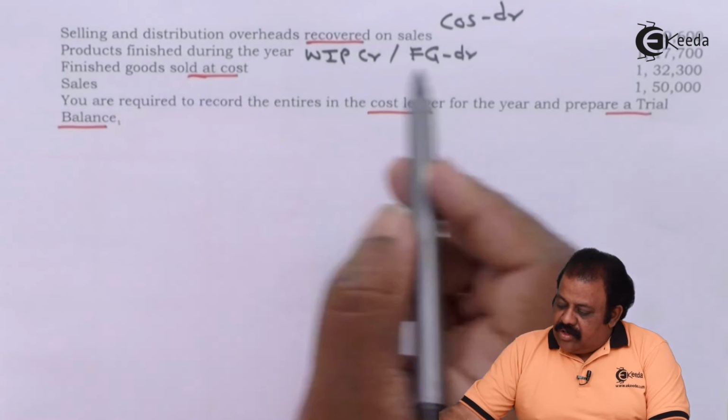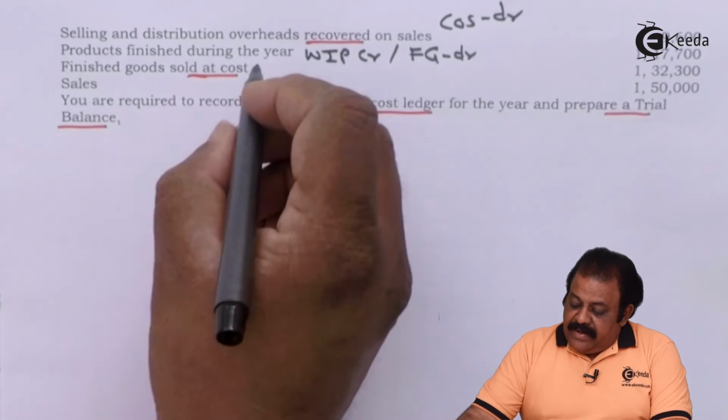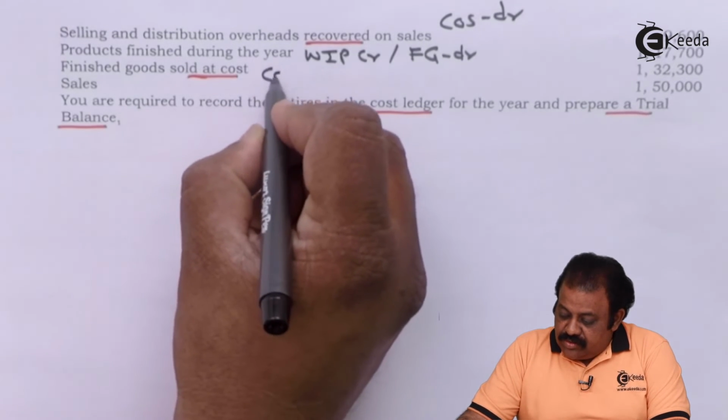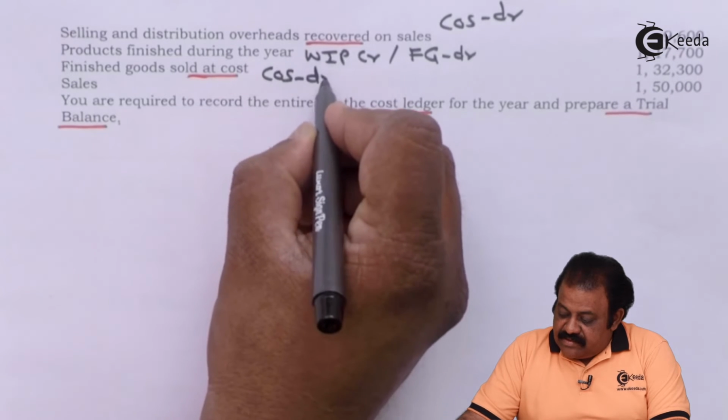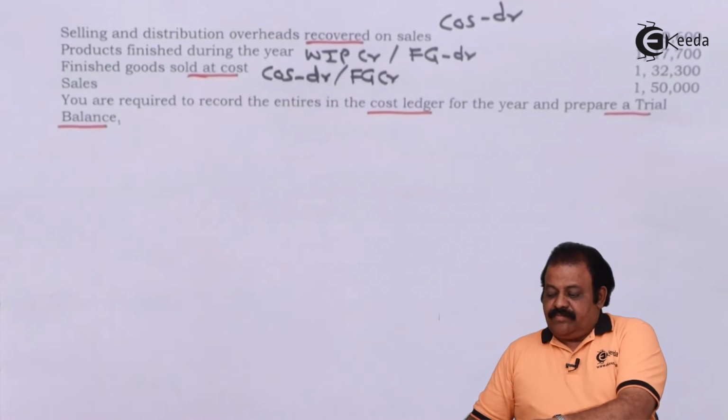Finished goods sold at cost 1,32,300. This will be debited to cost of sales and credited to finished goods.